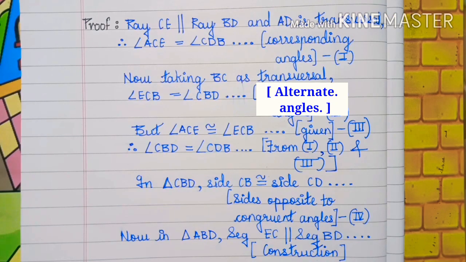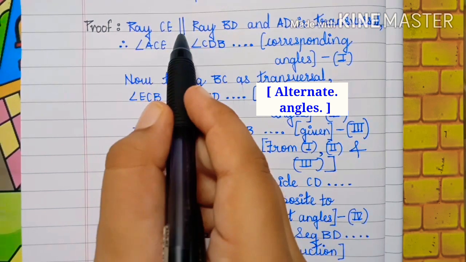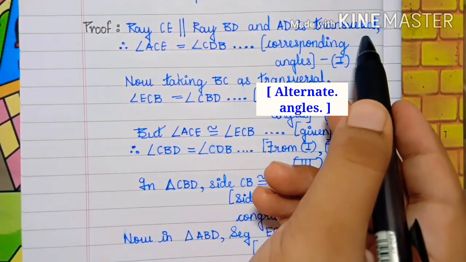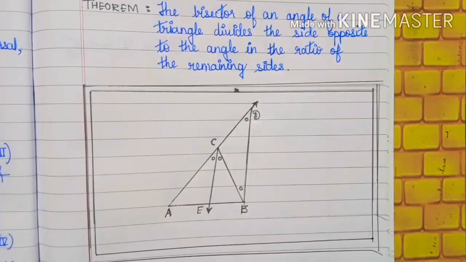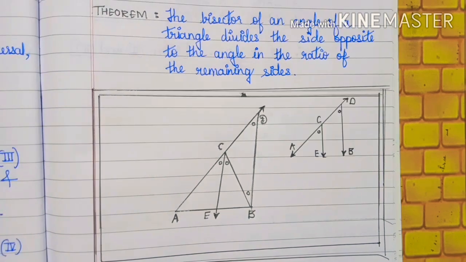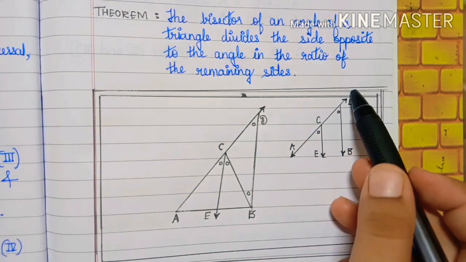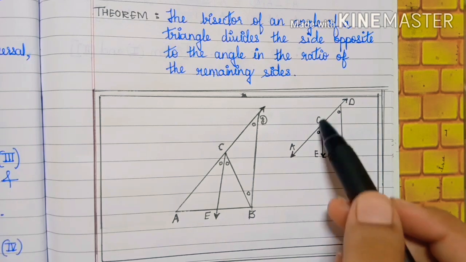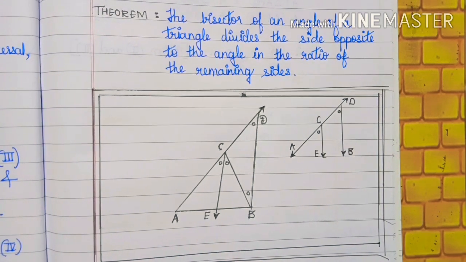The first thing in the proof is that ray CE is parallel to ray BD and AD is the transversal. Let us see the diagram now. The diagram for the first step goes like this. AD is the transversal and CE and DB are parallel lines. So what do we learn from this?